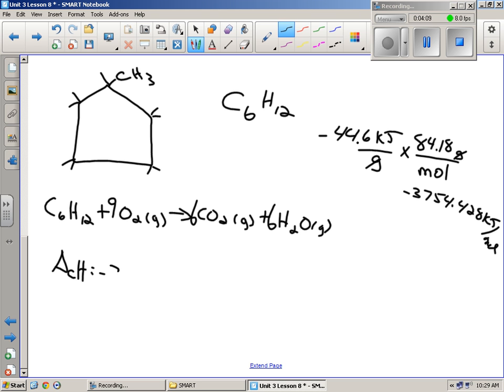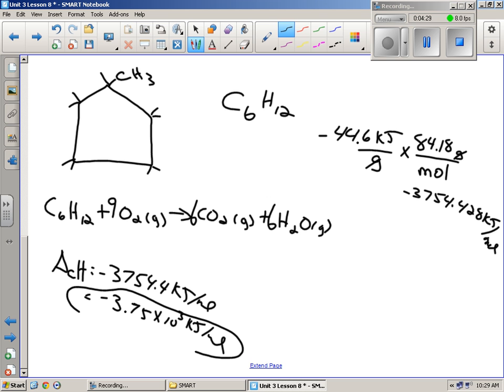Negative 3754.4 kilojoules per mole, or I would say, 3 significant digits. So I guess we better go with 3 here. Negative 3.75 times 10 to the 3 kilojoules per mole would probably be the answer that they're looking for. Good so far, yeah?